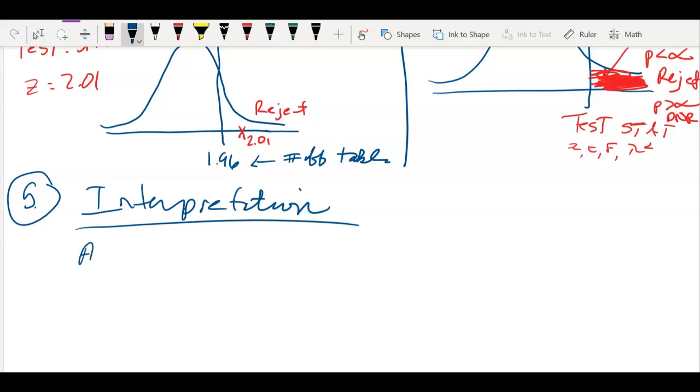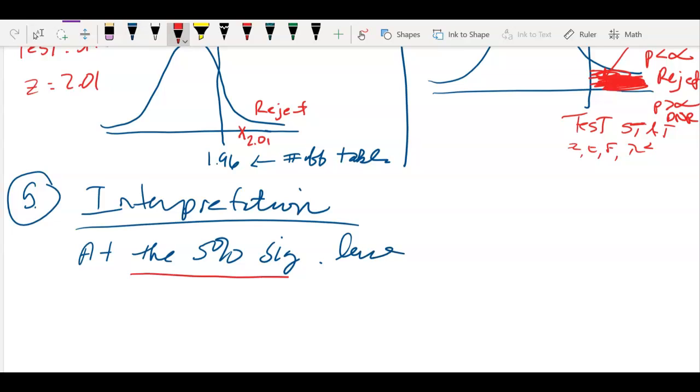So it's a good idea to start at whatever it is in the problem, I'm going to say 5% significance level. All right, so that is the first thing I want to see. And again, I know I went through this in the videos, but I want to point it out so you don't make the same mistakes on the next test.